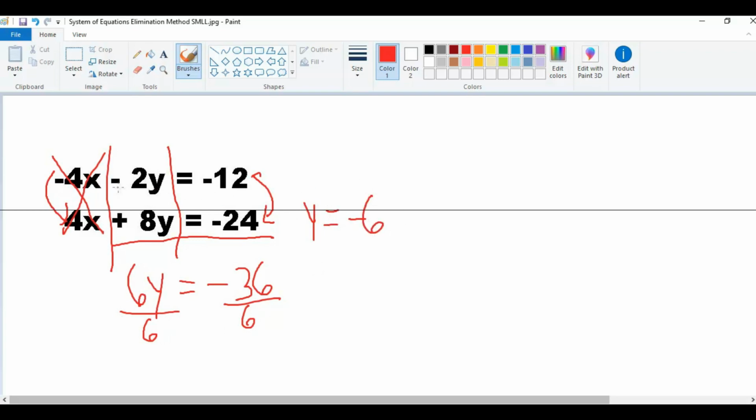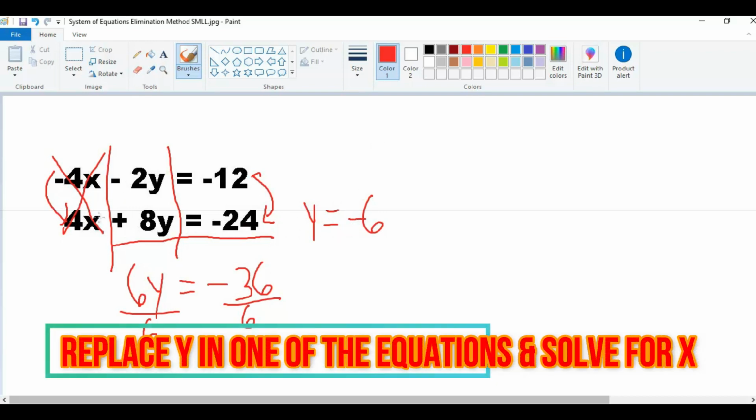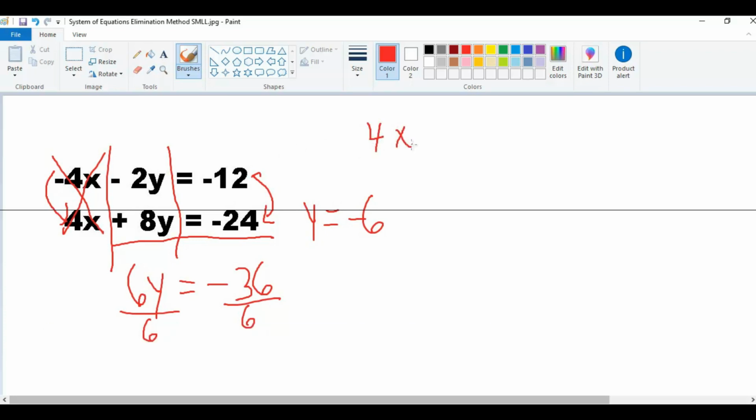Now, in order to figure out what x is, we're just going to rewrite either one of these two equations, and then wherever we see a y, we're going to go ahead and put in a -6. So let's do the bottom equation here. Let's just go 4x plus 8, and then we'll put open parentheses for the y, and then equals -24.